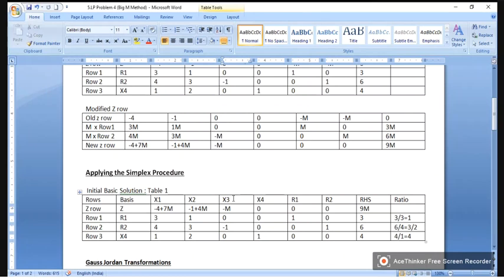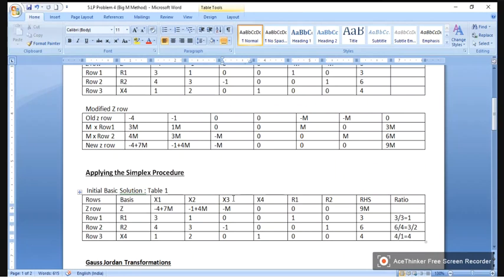In the case of a maximization problem, the variable with the maximum negative coefficient will enter. In the case of a minimization problem, the variable with the maximum positive coefficient will enter the basis.